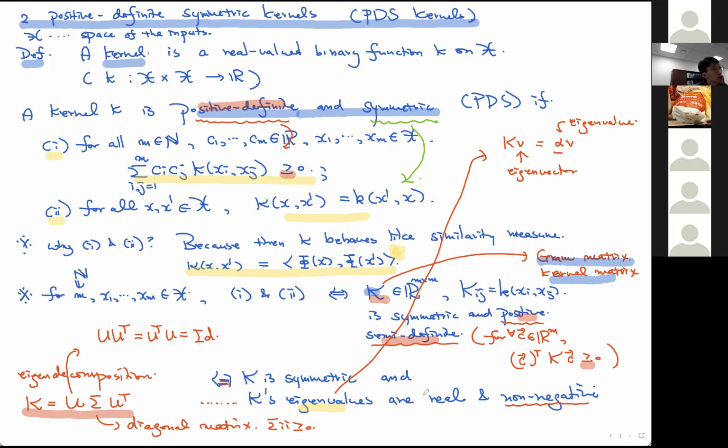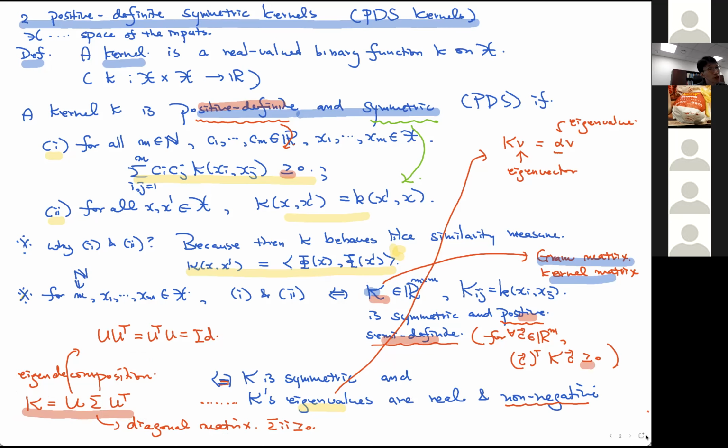Particularly, the matrix that we construct will have this decomposition: U, sigma, and U transpose, where the diagonal matrix sigma will have only non-negative entries.